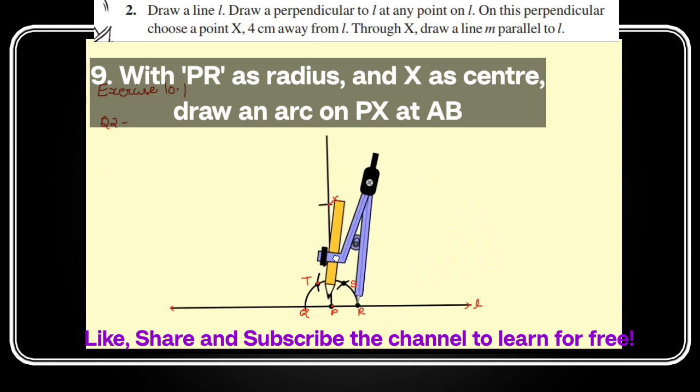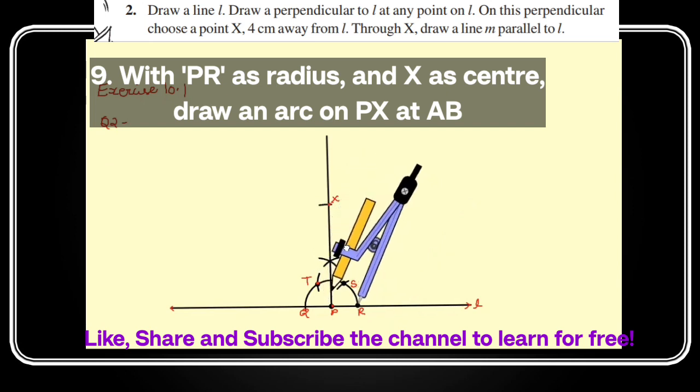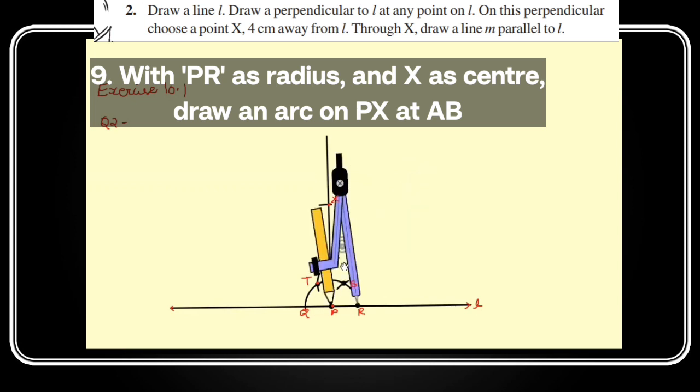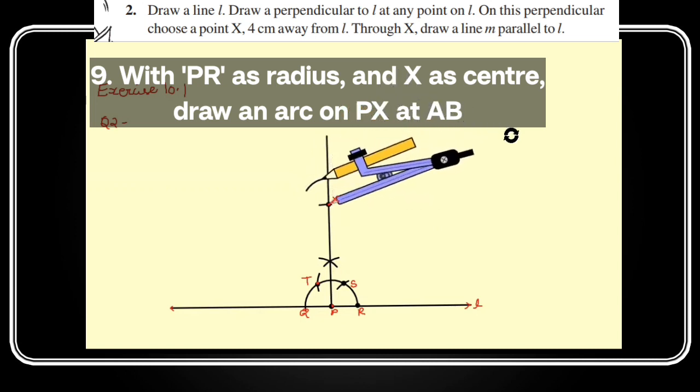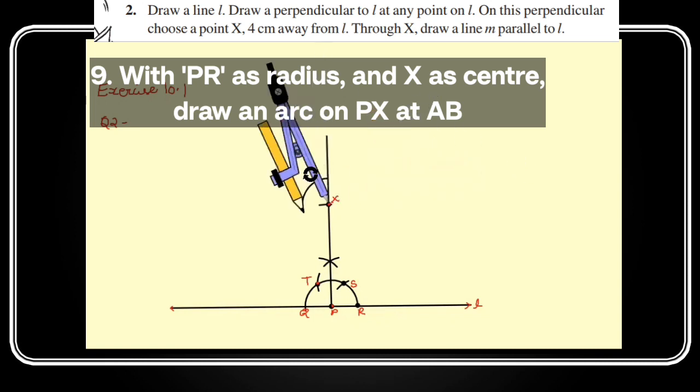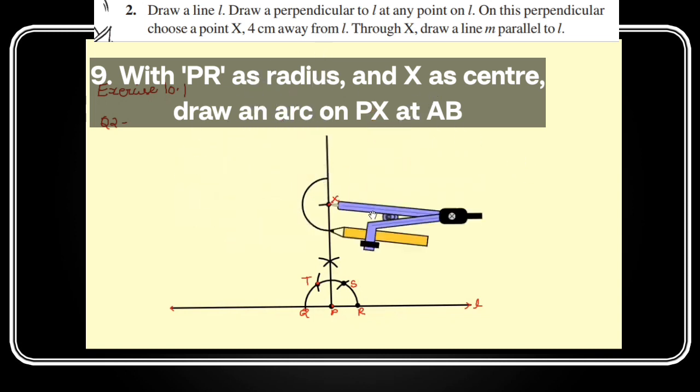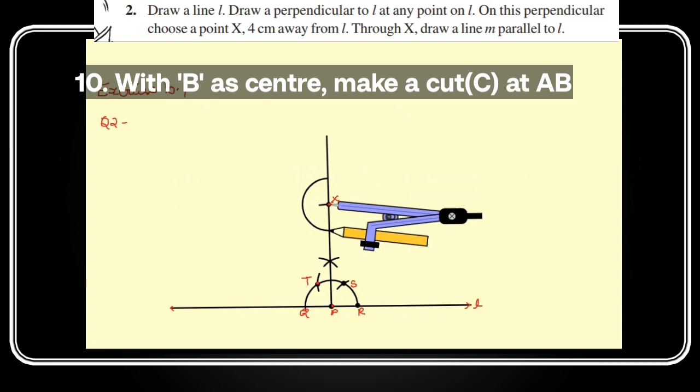We can make use of drawing a perpendicular to the perpendicular. I explained this by folding the paper, you remember. Another way is to make use of the idea of equal alternate angles. Here we are making a perpendicular to line PX. With PR as radius and X as center, draw an arc on PX, marking AB.